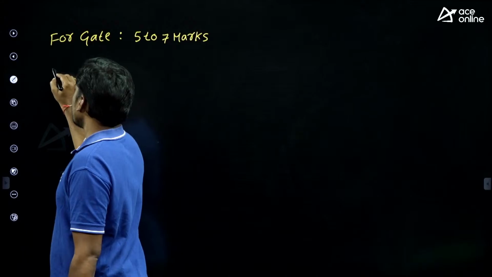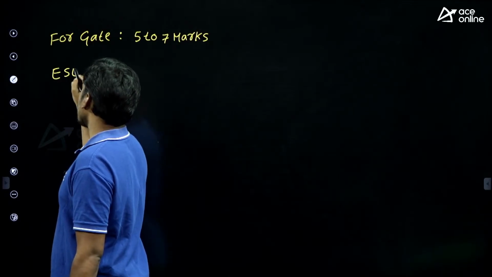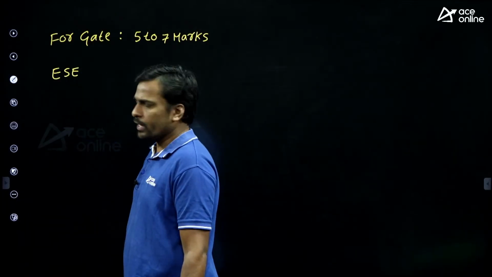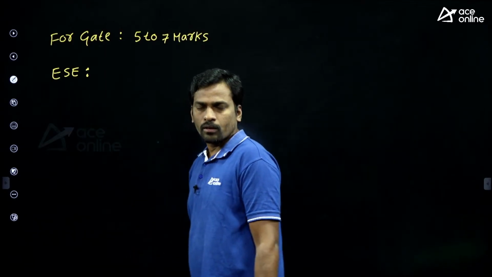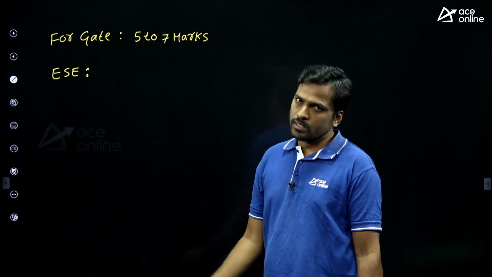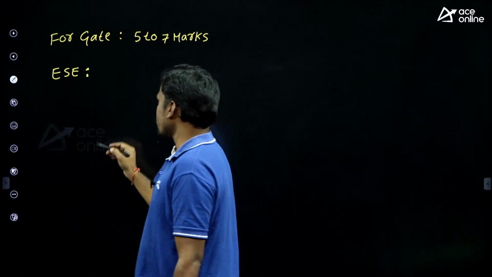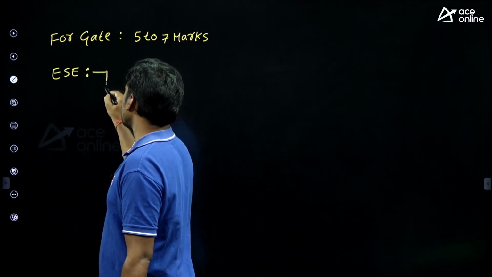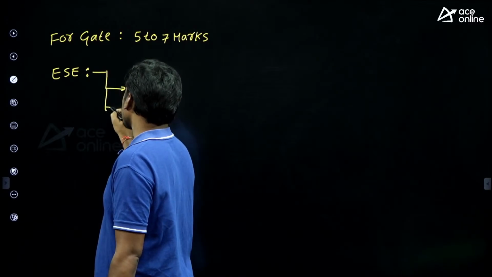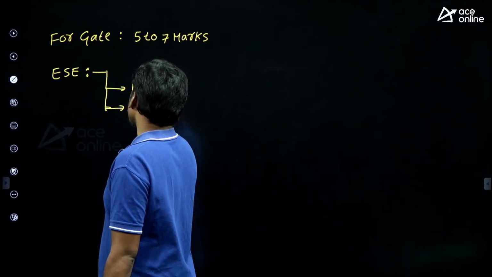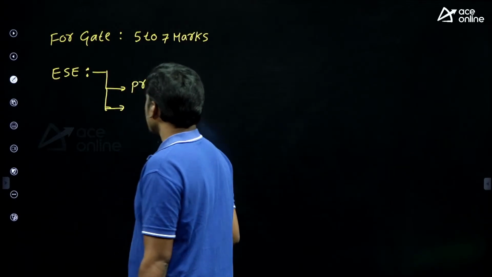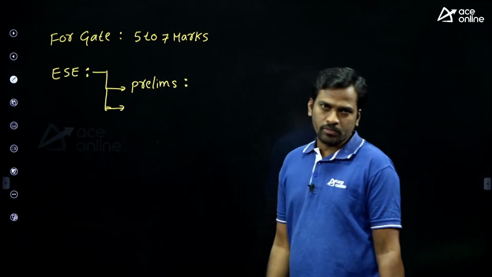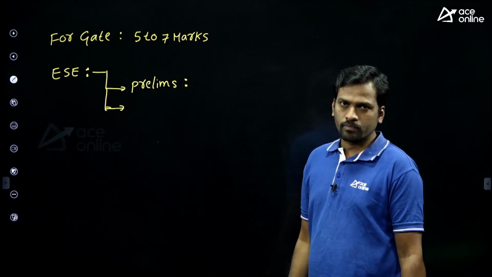Then for the Engineering Services examination, it is divided into two types. One is prelims, another one is mains. If you see the prelims, this is a very, very important subject for Engineering Services.